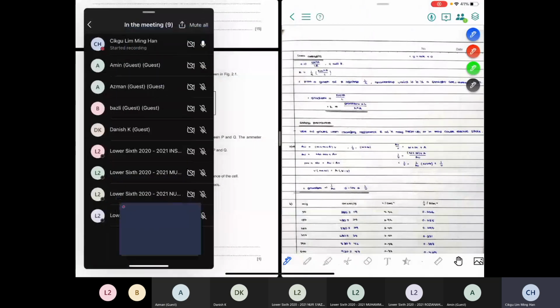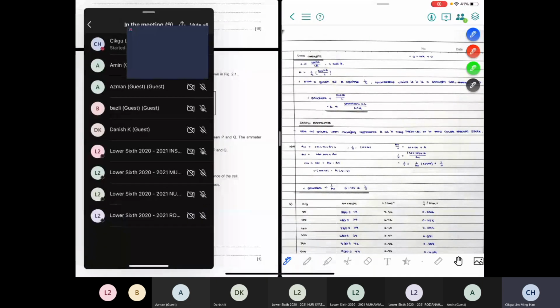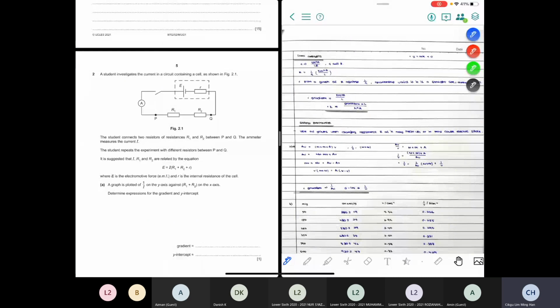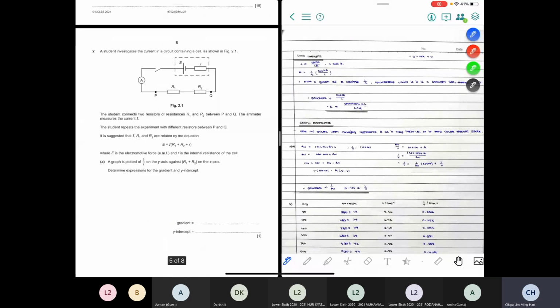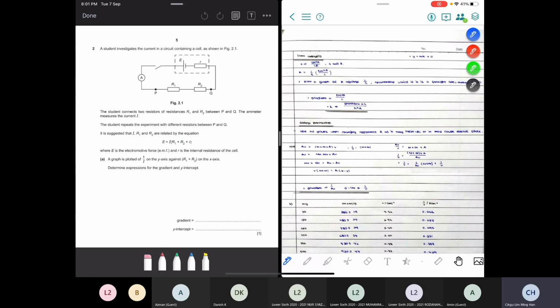We start the class, since we have about 9 of you here already. We are actually doing number 2. If you look at the slide on this page, you have a circuit containing a cell, in the figure as shown.